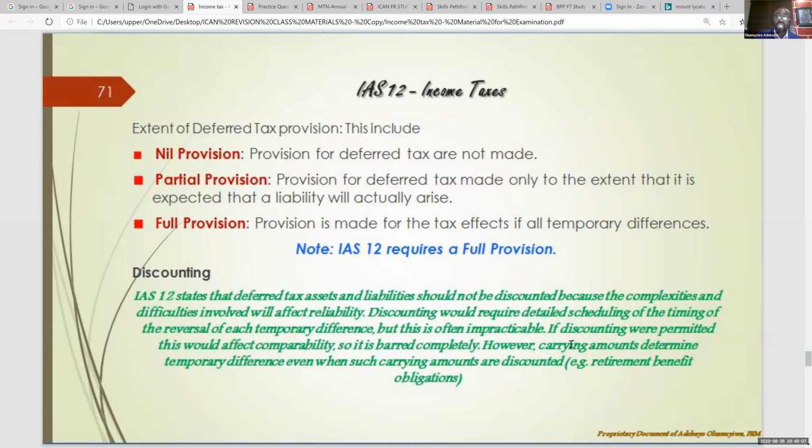In the recognition of some assets and liabilities, the carrying amount itself is measured at present value. And present value means they've discounted the cash flows to obtain the value. Now, comparing that carrying amount with the tax base gives you the temporary difference. And you now want to discount that temporary difference. It then means that you are discounting twice, which contravenes the principle of time value of money.